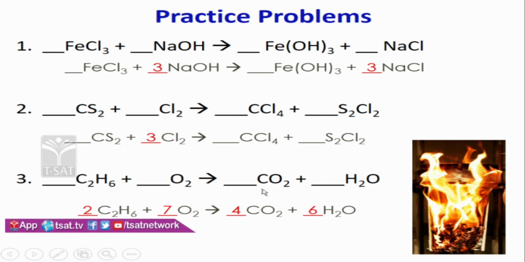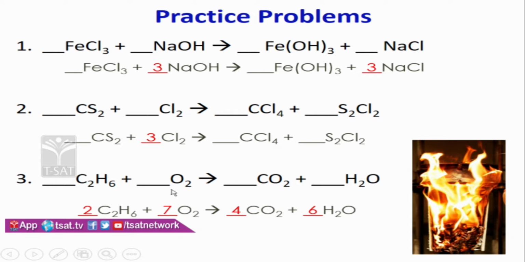So, if we put 2 here, it will be balanced. After the first trial, put 2 in front of carbon dioxide and in front of ethane, let it be 1. Now, balance hydrogens. Here 6 hydrogen atoms are present in reactants and 2 are there. If we put 3, what happens? It will be balanced. Here 1 into 6, here 3 into 2 into H, 6 atoms.